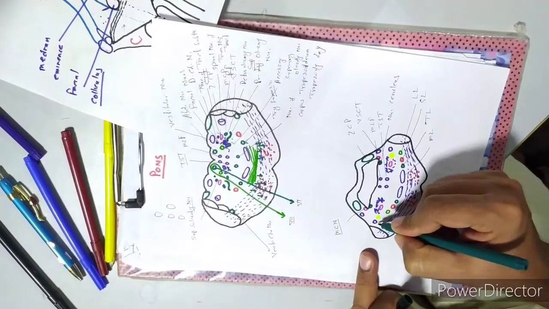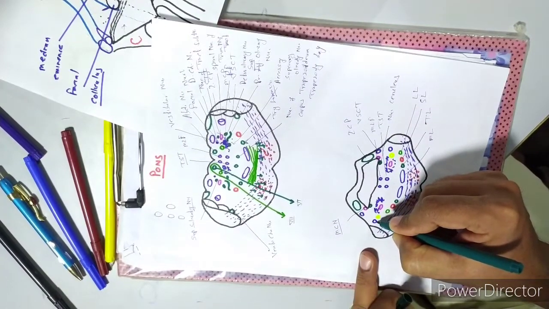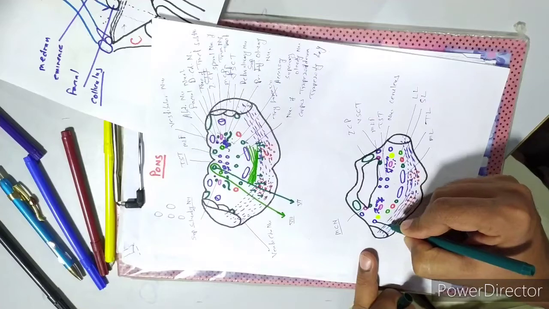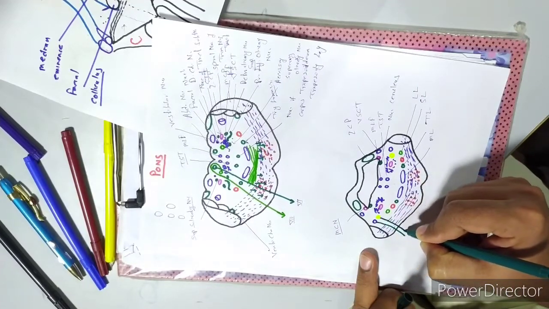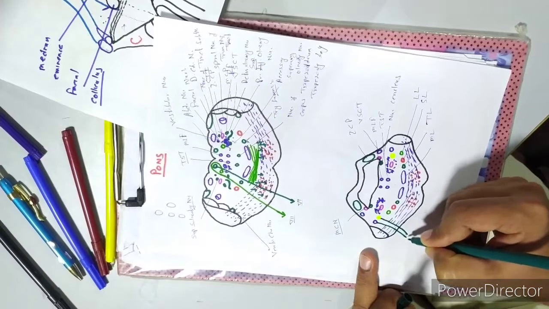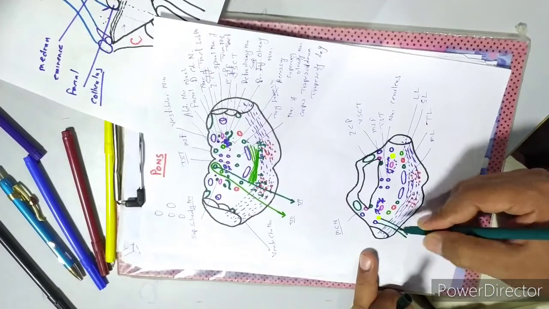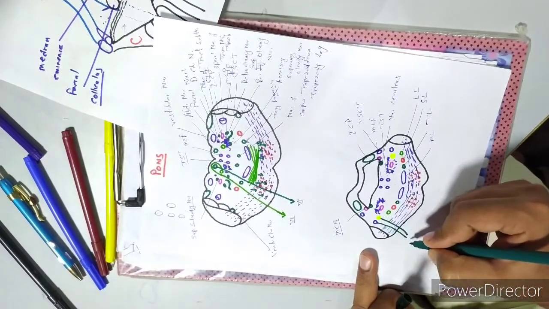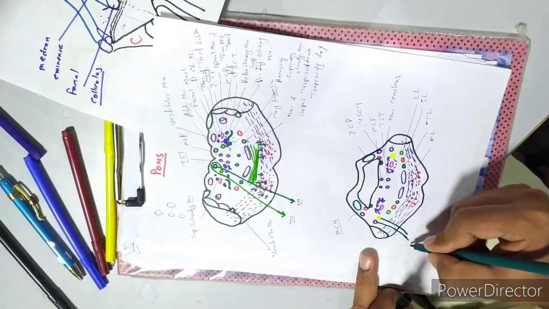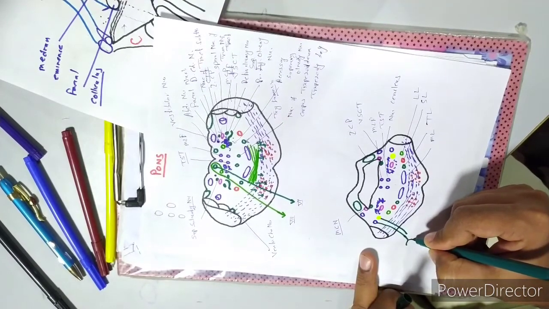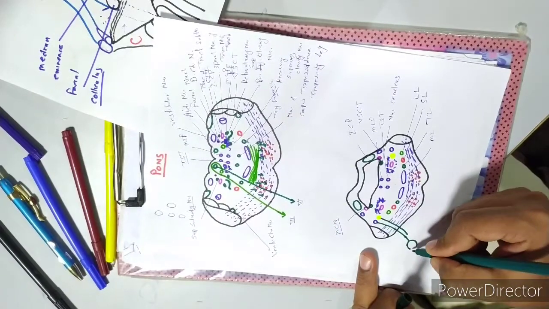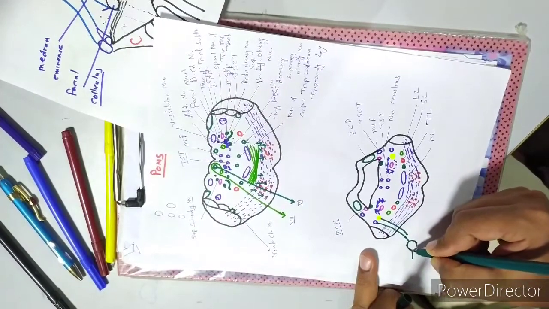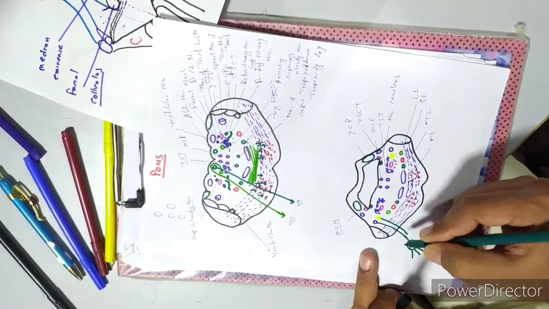Now here you can see the principal sensory nucleus of the fifth nerve. So the fifth nerve comes here, and the motor fiber comes to the motor nucleus. So the sensory fiber and the motor fiber here. Clear? And this fiber ends in the ganglion. This is the trigeminal ganglion, where the three nerves come out.